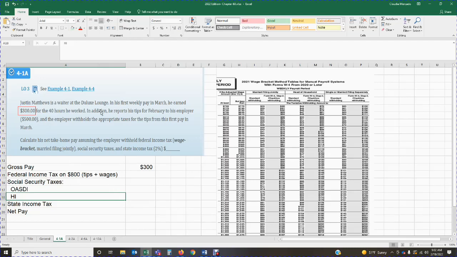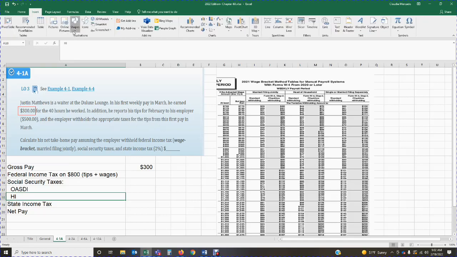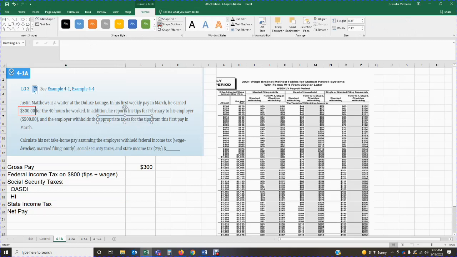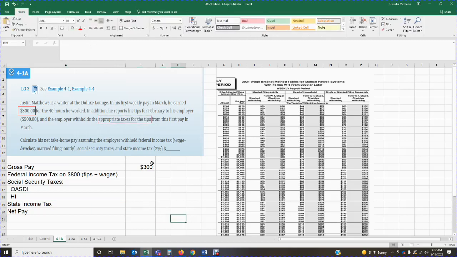Because the problem states that in this pay period, we are going to pay the appropriate taxes for the tips. That is the key phrase here. So even though the employee only earned $300, we are going to pay taxes on $800: $300 for the wages and $500 for the tips.